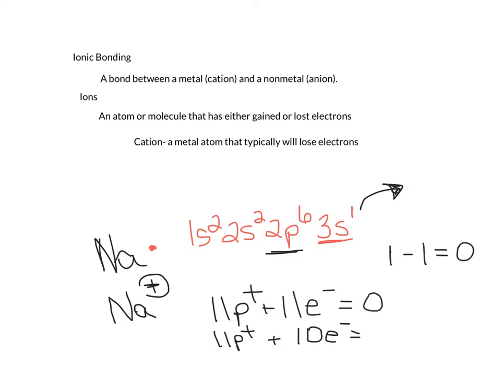When I'm trying to offset every proton with every electron, what I end up with left over is a +1, because I have one more proton than I do electrons. So that's where the additional charges come from.